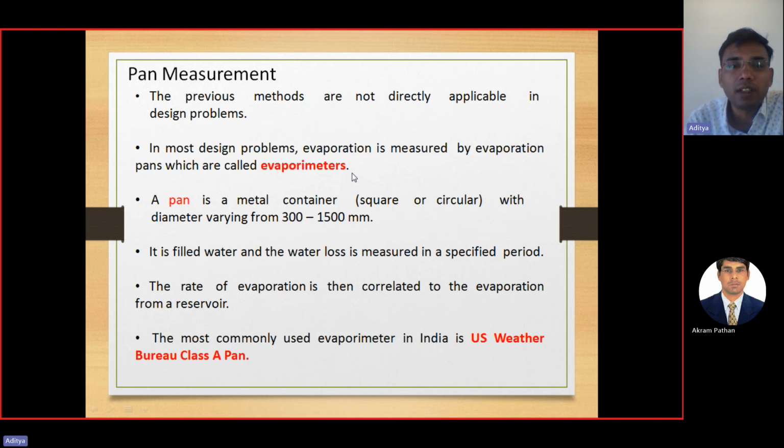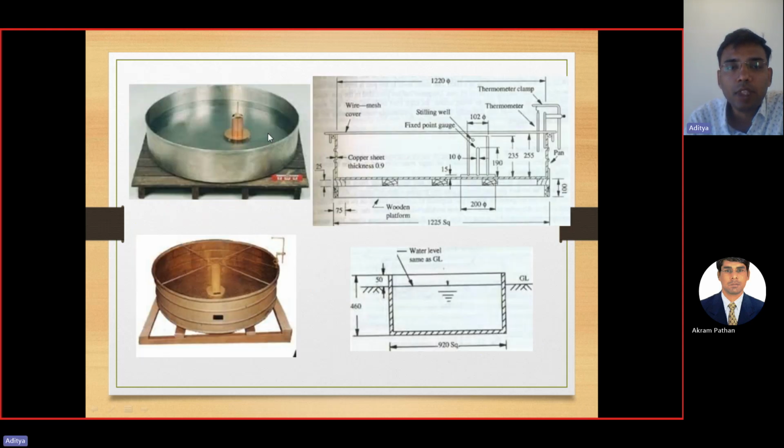It is a metal container with diameter varying from 300 to 1500 mm, filled with water, and the water loss is measured over a specific period. The most commonly used evaporometer in India is the US Weather Bureau Class A pan. Here you just pour water, and the water which is evaporated you measure in the form of depth.